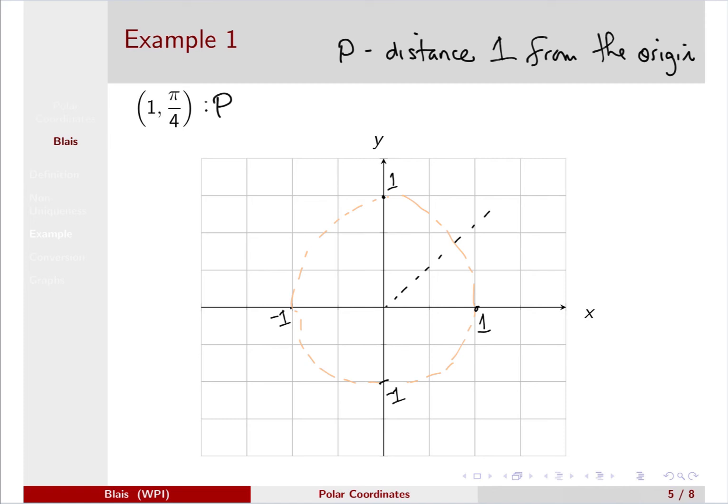So we know if we draw our 45-degree line, this gives us our theta of pi over 4. And so our point P would appear here. And again, we can look at some of the alternate ways to represent this point.